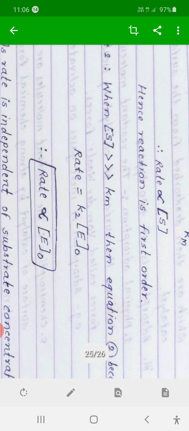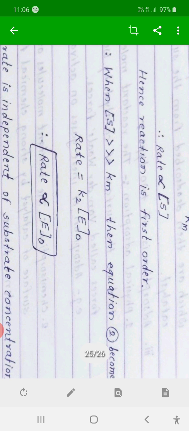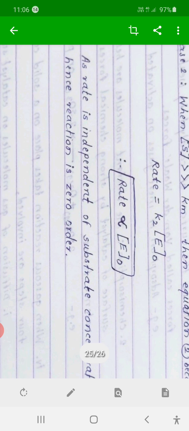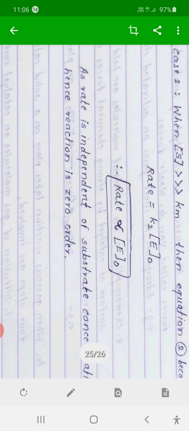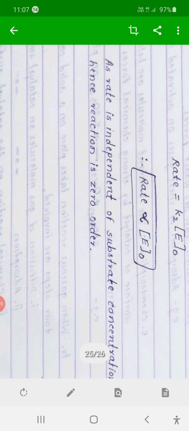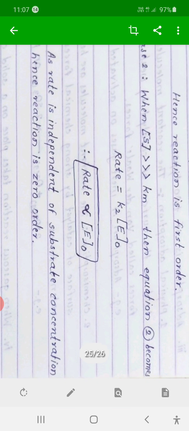The second case is when the concentration of S is very large compared to Km, then the equation becomes rate is equal to k2 into the concentration of E0, that is, the rate is proportional to the concentration of E0. As the rate is independent of the substrate concentration, the reaction is zero order.